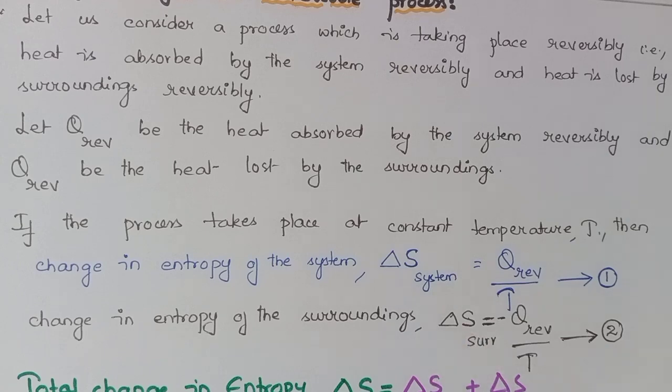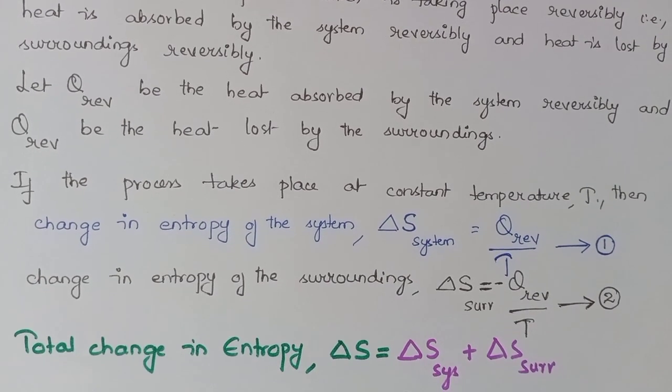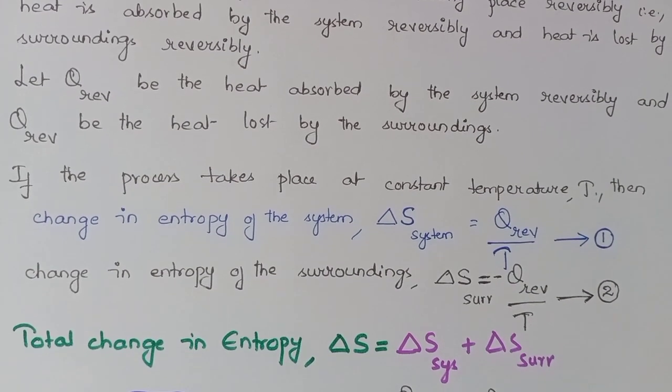This is the change in entropy of the system, and the change in entropy of the surroundings. So, if I need the total change in entropy, what do I have to do? I have to add delta S system and delta S surroundings. Below I have written, see students, total change in entropy, delta S, is equal to delta S system plus delta S surroundings.